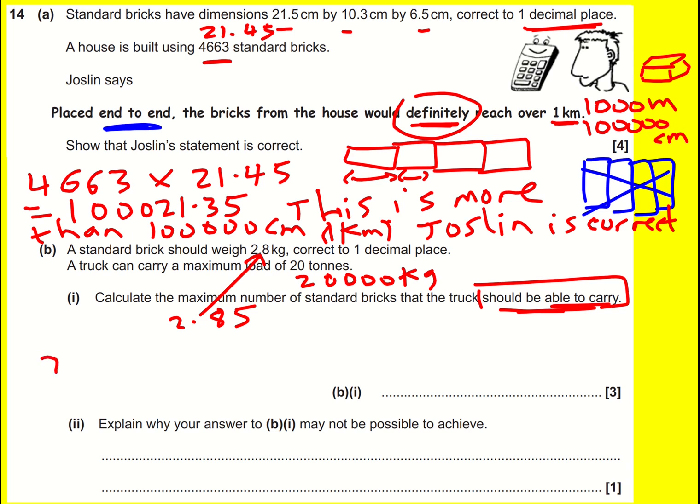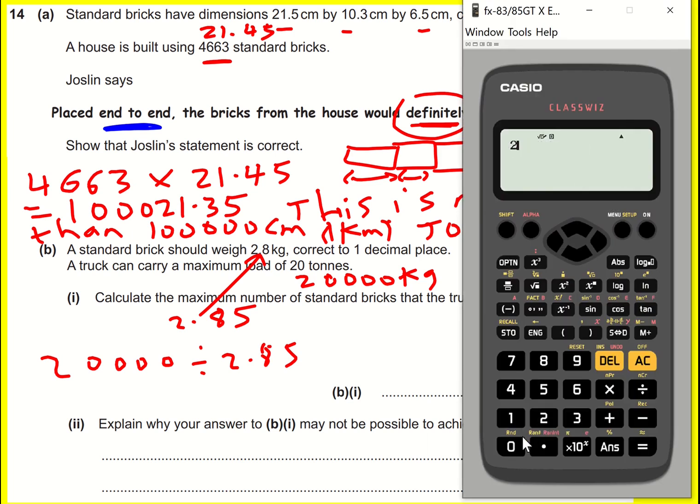Then we do 20,000. That's the total weight that can be carried divided by the weight of one brick, but the upper bound of the weight of one brick. That gives us 20,000 divided by 2.85, which equals 7017.5.